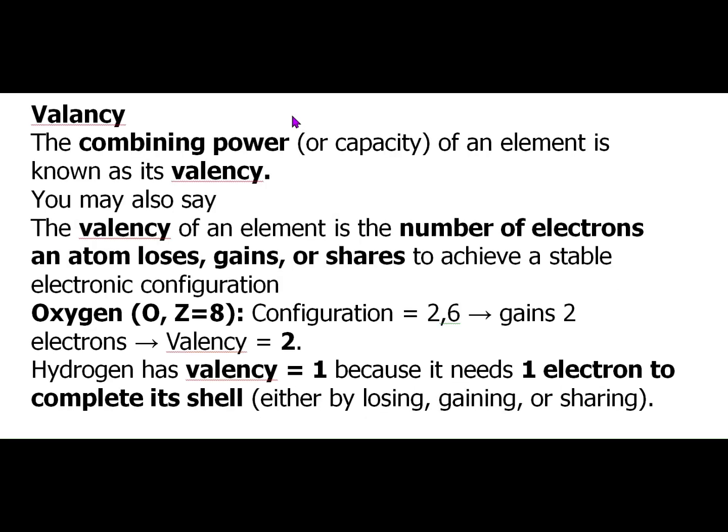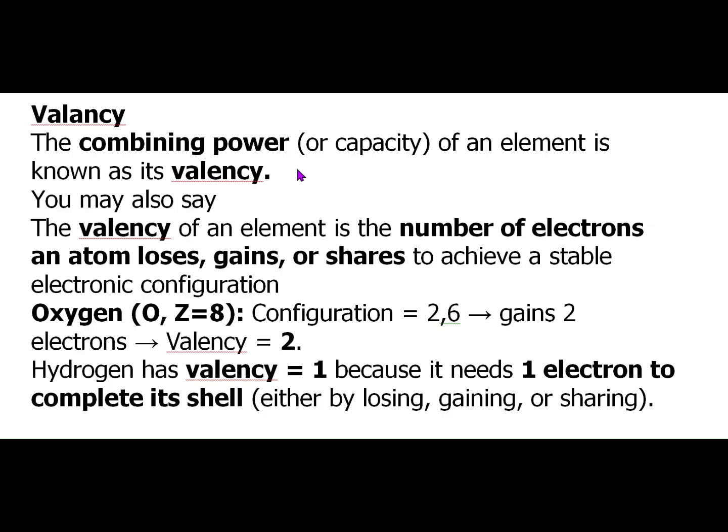We will see what is valency. Valency, there is a spelling mistake. V-A-L-E-N-C-Y. Valency. The combining power or the capacity for combining of an element is known as its valency. Suppose oxygen is wanting to combine with hydrogen. What is the power of combination?